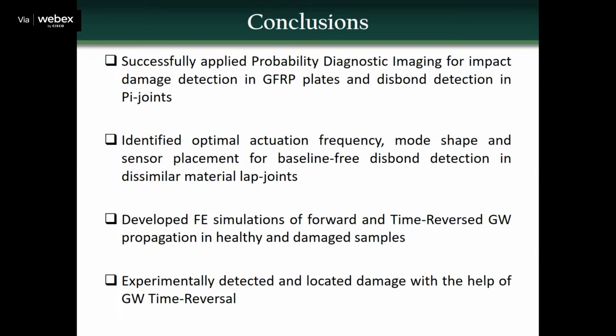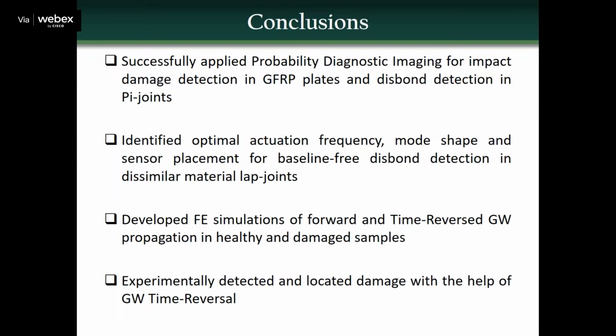We choose guided wave to understand the basic concept of guided wave and how we can use guided wave for some interesting applications here: the dissimilar material joining, the complex geometry, which will lead to different mode conversion, and guided wave signal processing and imaging for the structural health monitoring problem.